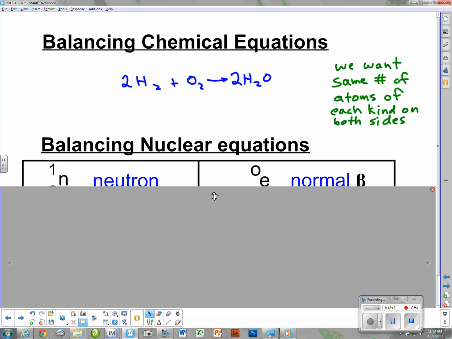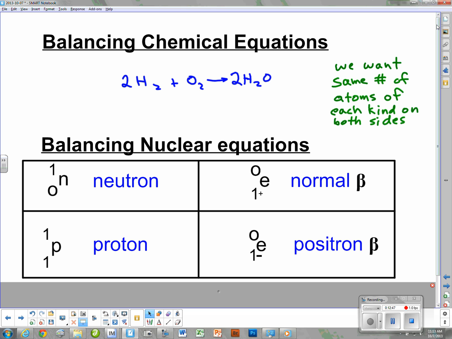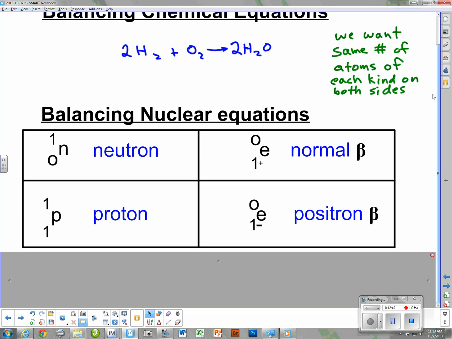Now, contrast that to a nuclear equation, and we've got to worry about all these guys. Okay? We balance our equation by using these. And we can figure out things that are missing in a nuclear equation by knowing what they are. So a neutron has a mass number of 1, but no charge.